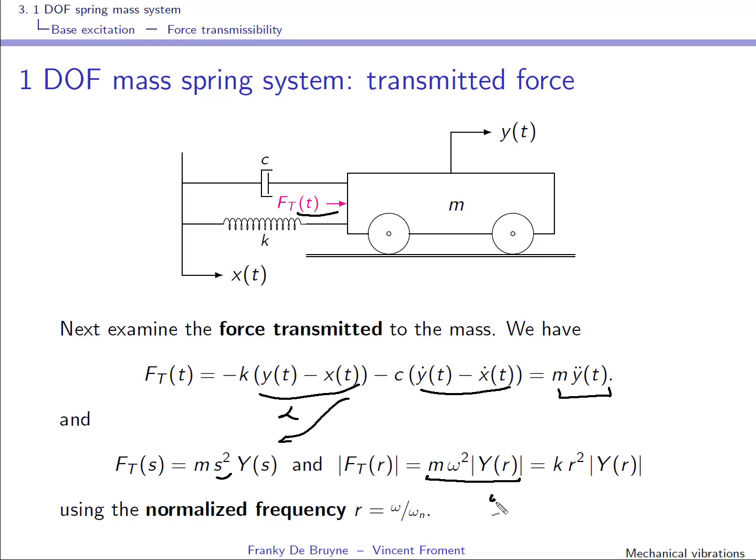We know that omega square is omega n square r square, so it's also equal to r square k over m. This is an expression for the natural frequency squared. If we plug that in, we obtain this expression of the transmitted force as a function of the normalized frequency r.